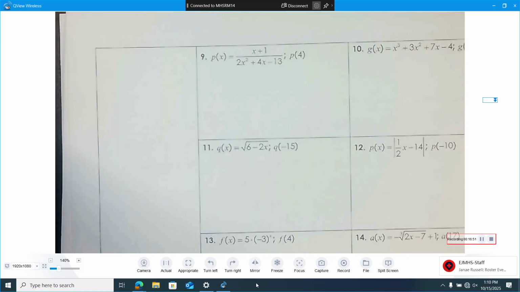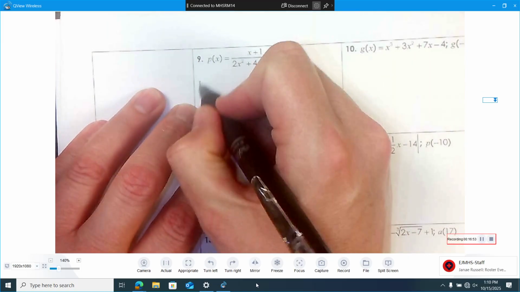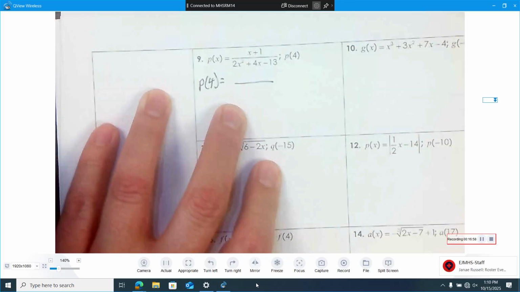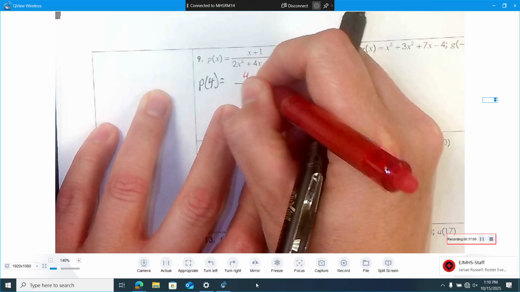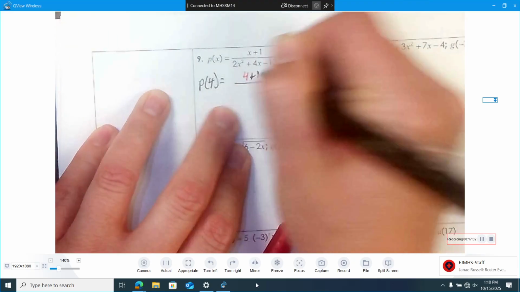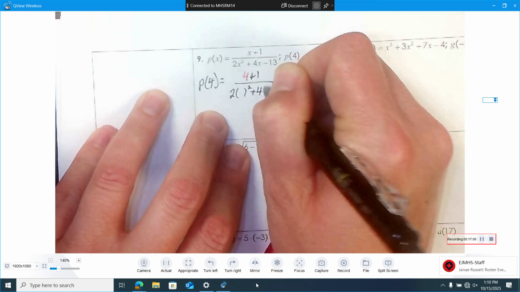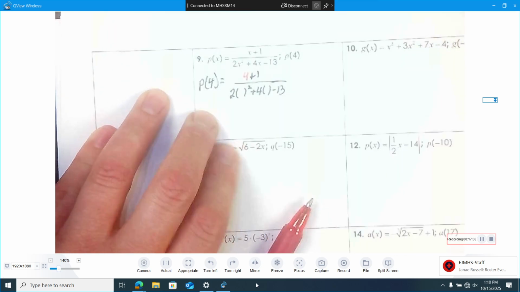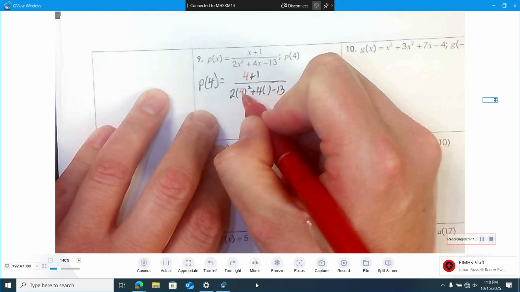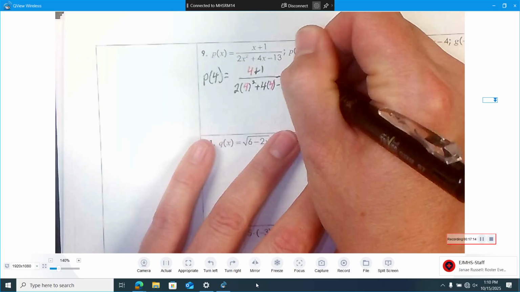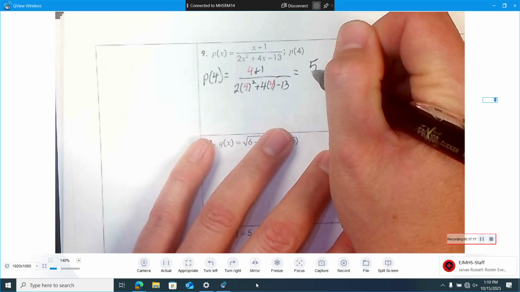Number 9. What's P of 4 telling you to do? Replace the x with a 4. So we would have 4 plus 1 over 2 times 4 squared plus 4 times 4 minus the 13. I'm going to just do this sort of in steps here. I know the numerator is 5.